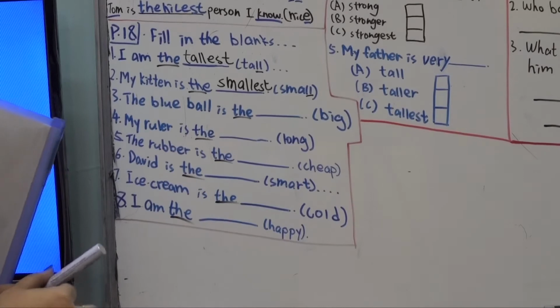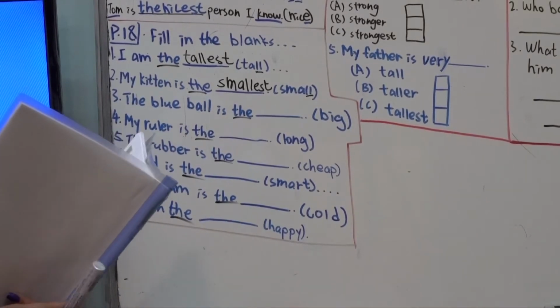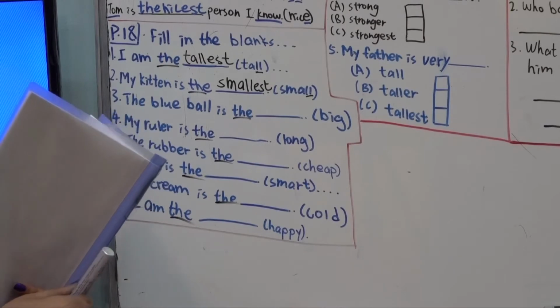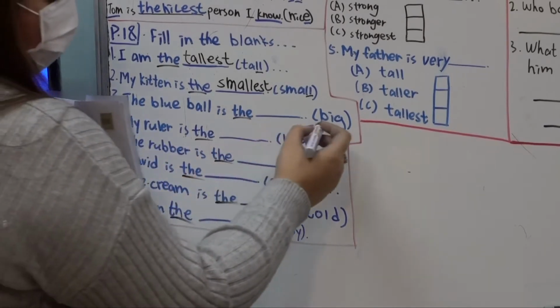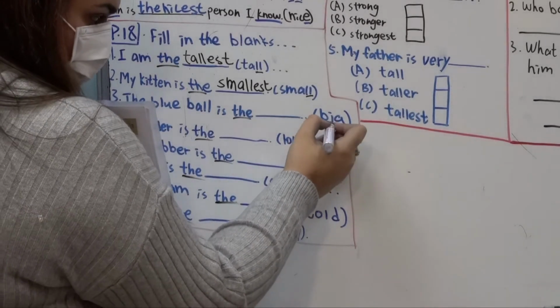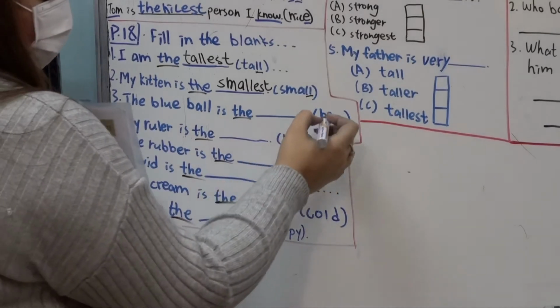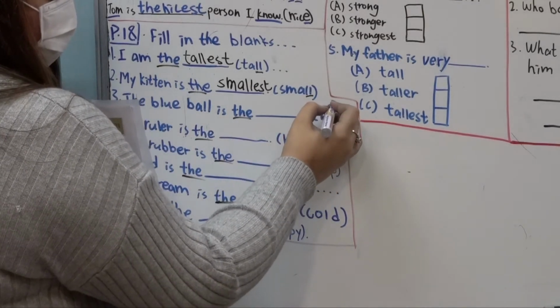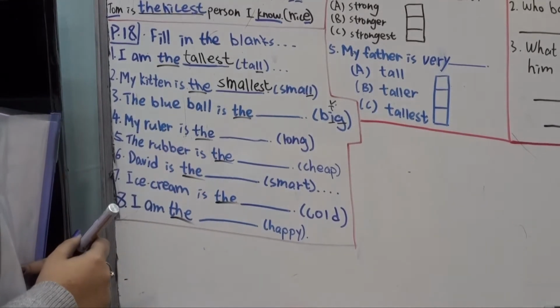Number 3. The blue ball is the, oh, big. There's something special here. What is so special? It ends with a vowel and a consonant. What do we have to do?